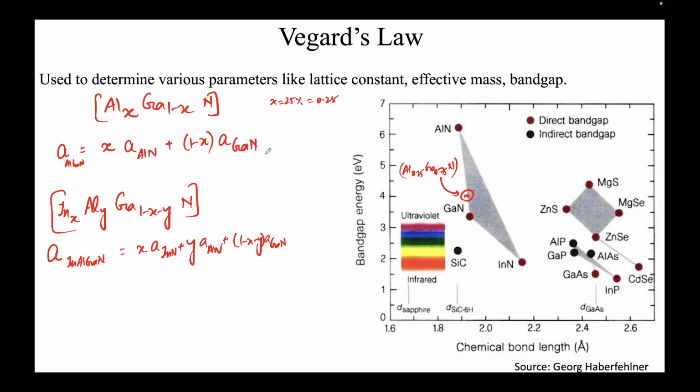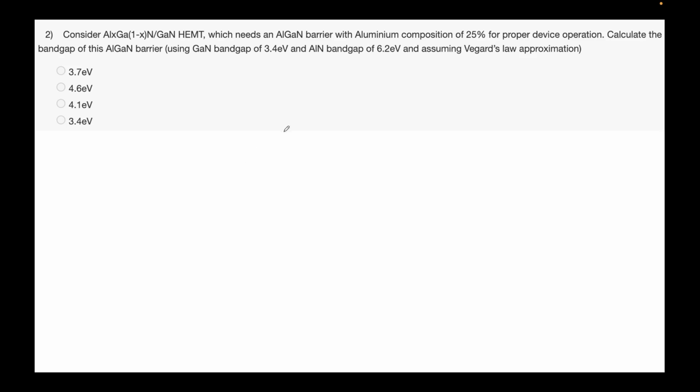Right. So in this question again, we are given aluminum gallium nitride and gallium nitride. Essentially, let me draw. HEMT is nothing but a transistor. We have talked about transistors like bipolar junction transistors and field effect transistors.